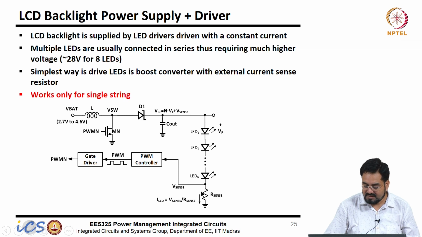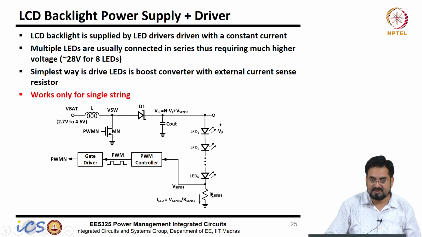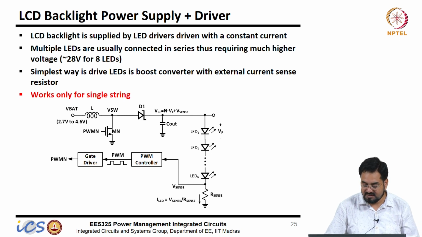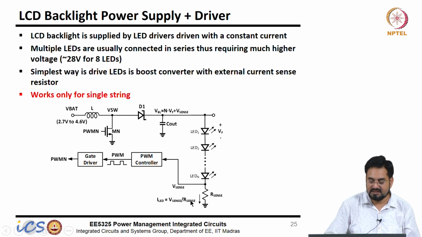Now let us say this resistance is highly accurate, because the sense resistor is off chip, and you can easily get a very accurate value across temperature, and tolerance will also not be that bad. Now we know that if R sense is fixed, and if we regulate this V sense, then the current flowing through this LED will be nothing but V sense over R sense, and that is how you regulate.